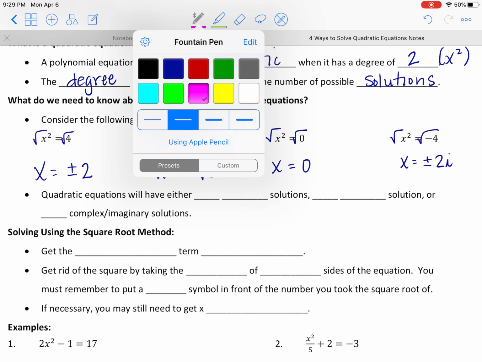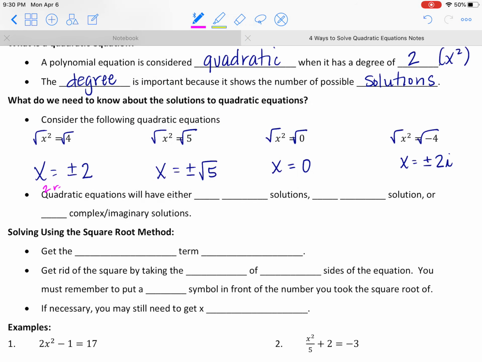Okay, and the breakdown of what happens in these four problems is basically what happens anytime you solve a quadratic. Majority of the time you're looking for two solutions. It's possible that you get what we see here, two real solutions that are also rational. Okay, here you get two real solutions again, but they're irrational.